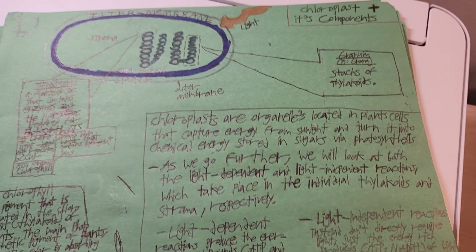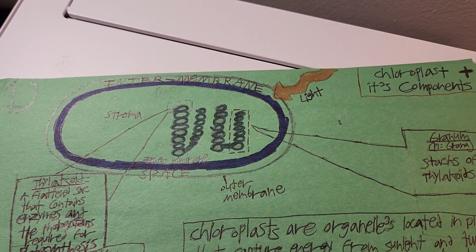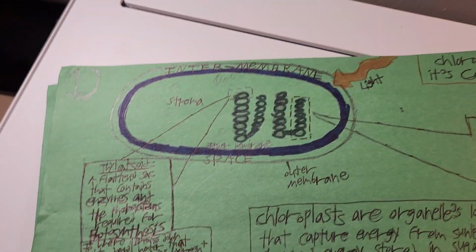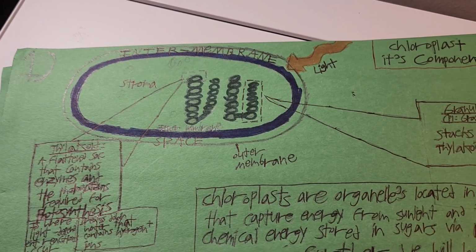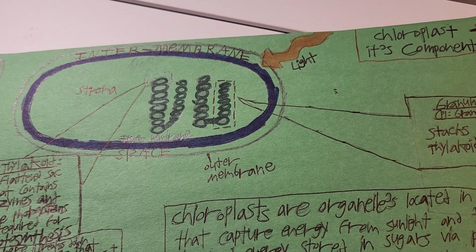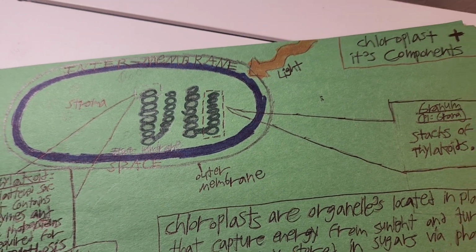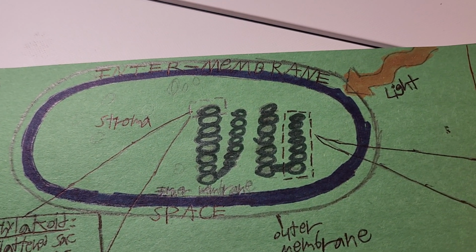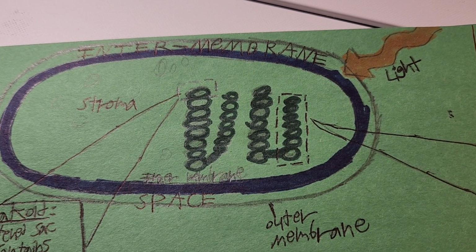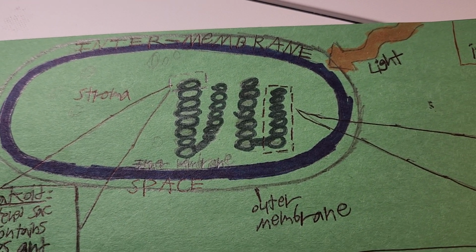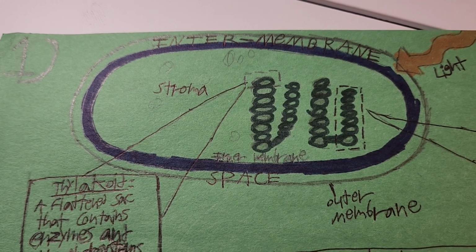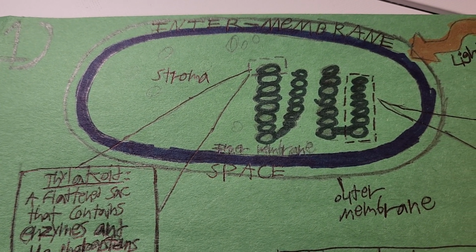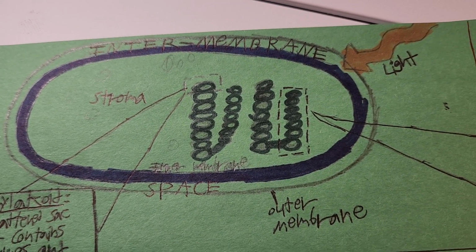Finally, the chloroplasts are where both light-dependent and light-independent stages occur. The light-dependent stages, or the stages of photosynthesis that directly require light, occur in the individual thylakoids themselves. The light-independent reactions, or reactions of photosynthesis that don't directly require light, instead require the products of the light-dependent reactions.